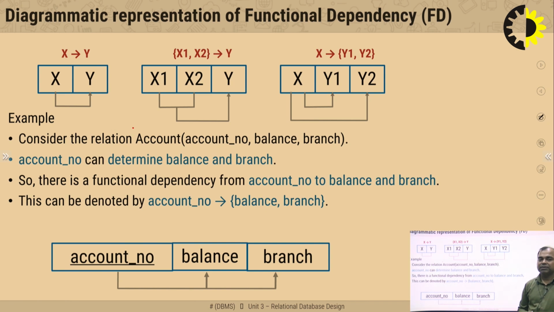So there is a functional dependency from account number to balance and branch. This is written as account number gives balance and branch. Clear?